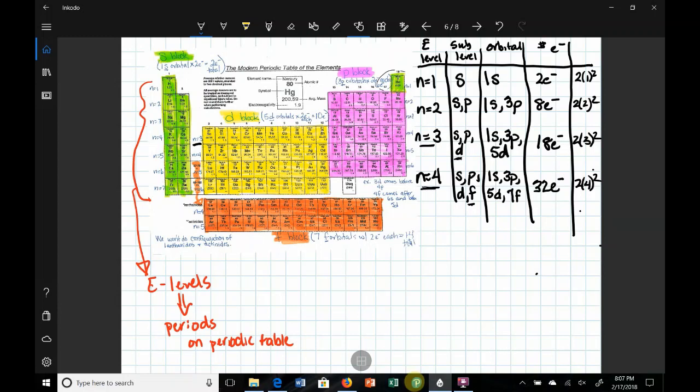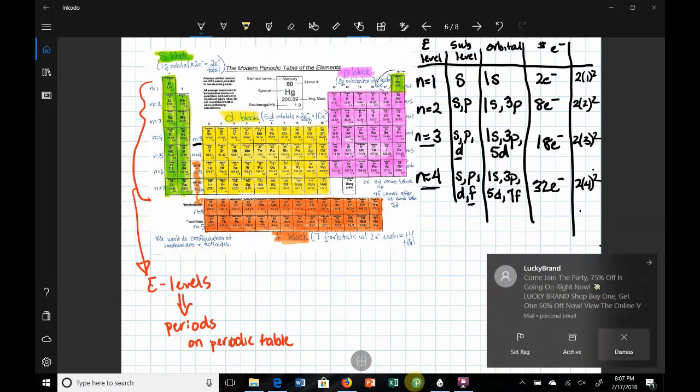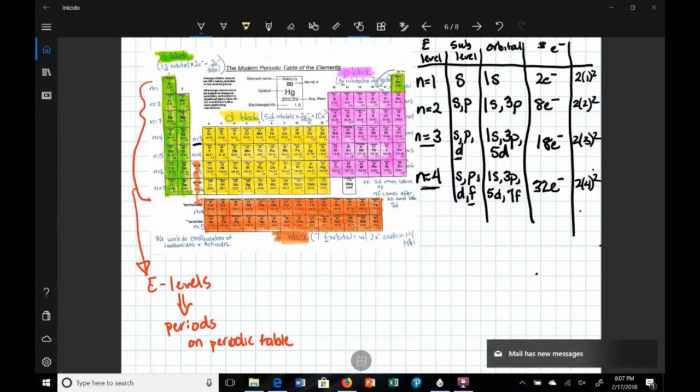So now that we know our periodic table represents the energy levels in atoms, we can use it to help us write electron configurations straight from the periodic table. Let's try a simple atom.